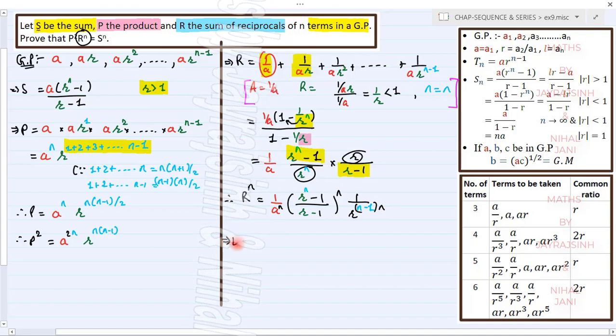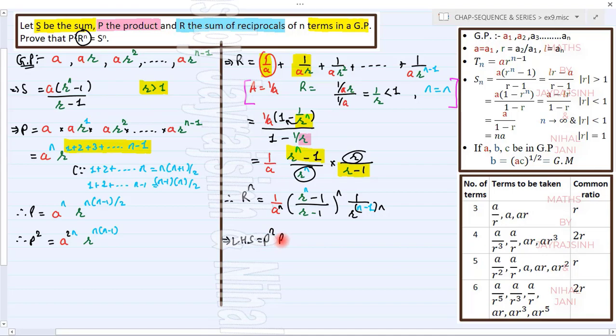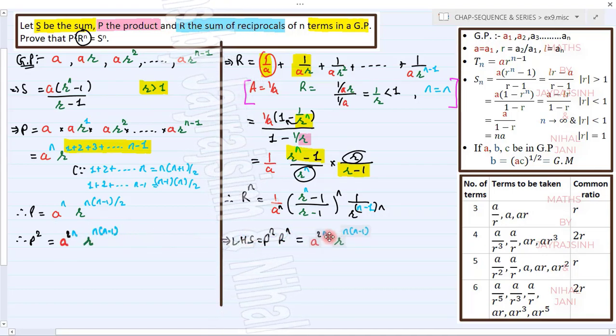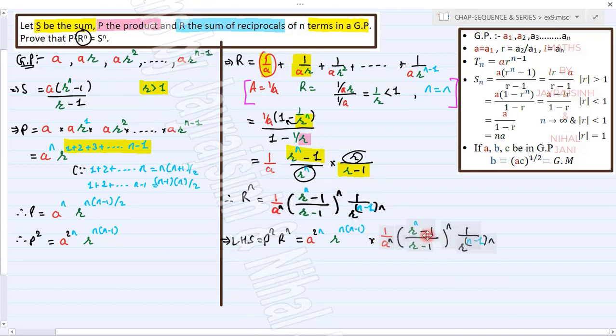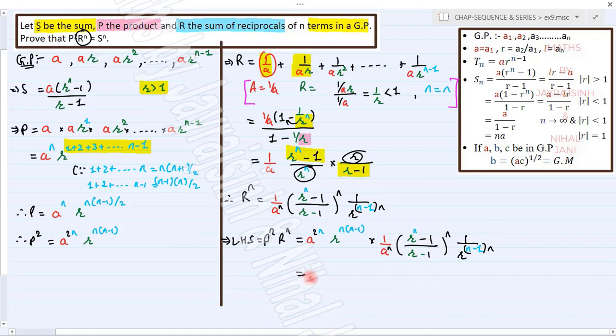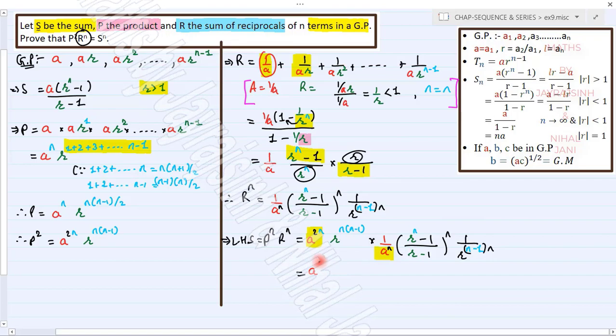So let's begin from the left hand side, which is p square into r raised to n. So let's get your p square and multiply with r raised to n. So here a raised to 2n upon a raised to n will become a raised to n.